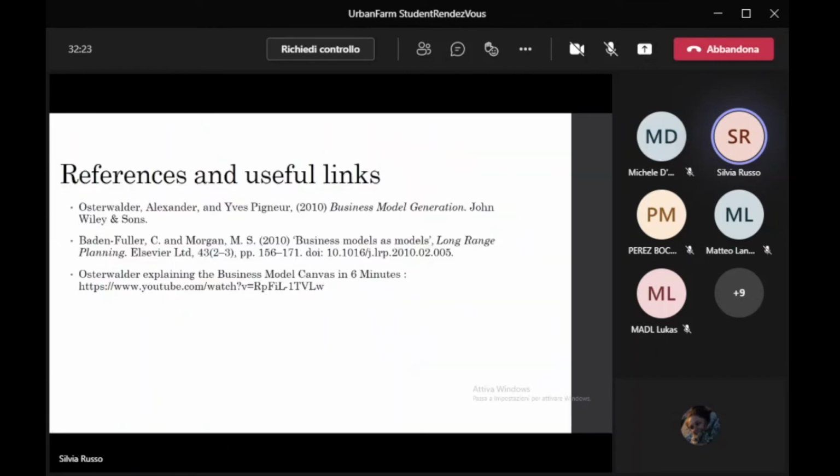In this slide, I report the references about business model generation, a book written by Osterwalder and Pigneur, in which the authors present the tool, and also a paper on business models, where you can find a literature review about the business model concept.